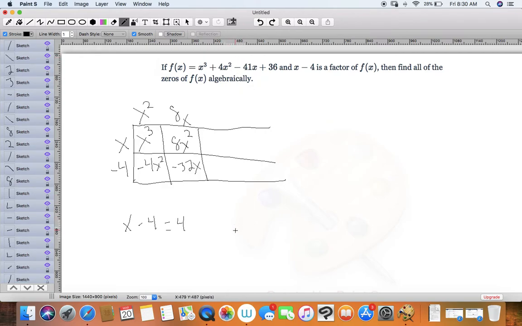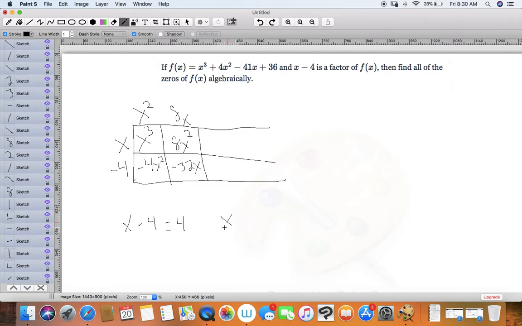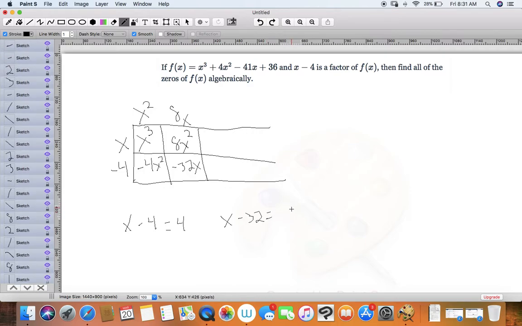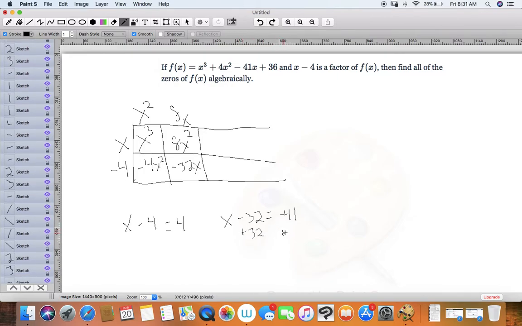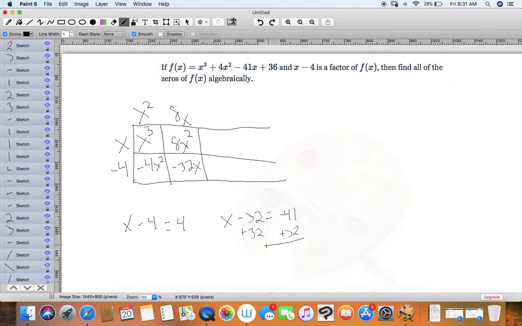So I might say, what minus 32 is going to give me a negative 41. So to solve that, I would add 32 to both sides. So x equals negative 41 plus 32, which is a negative 9. So that's what's going to go right here.